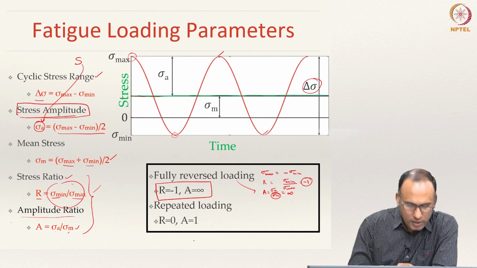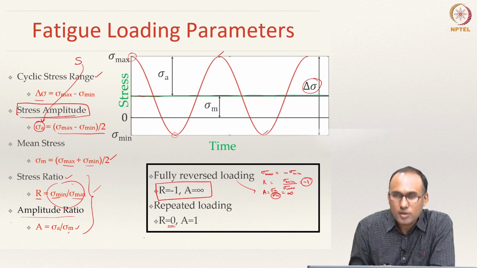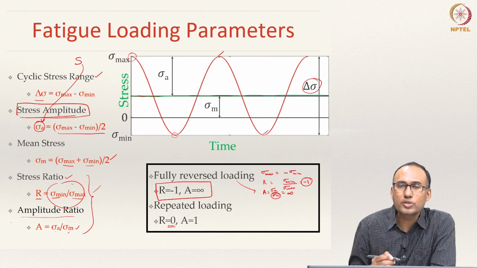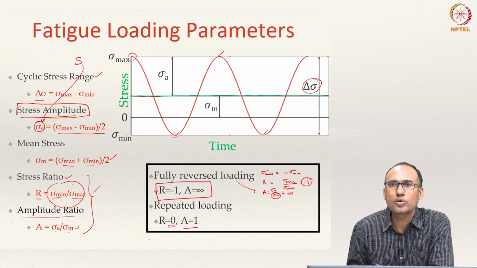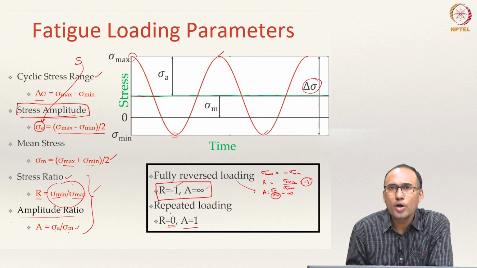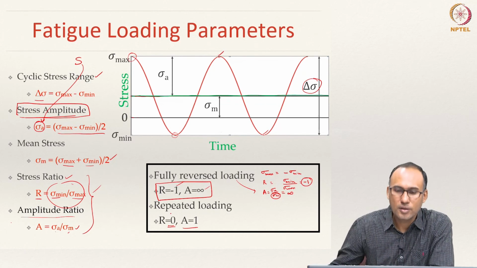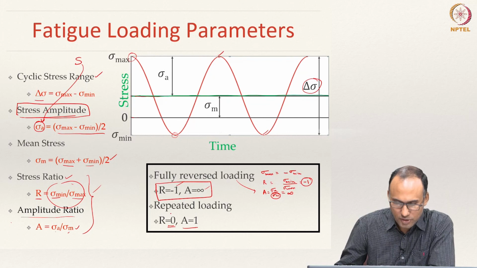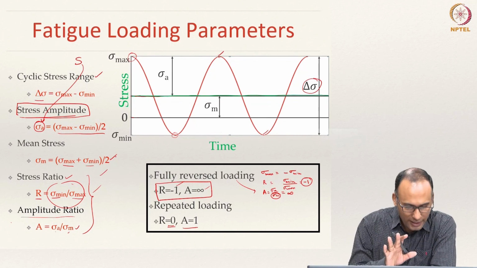Since the minimum stress is 0, R becomes 0, and stress amplitude and mean stress are the same for repeated loading, and hence amplitude ratio is equal to 1. So, by looking at the stress ratio and amplitude ratio, you can actually find out the nature of the loading for the given problem. Okay. So, these are very important to understand and remember as well.